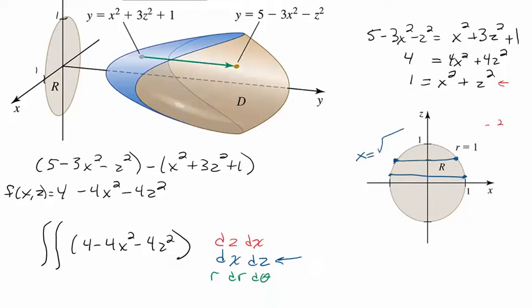If I solve that for x, I get negative square root of 1 minus z squared, positive square root of 1 minus z squared. So we would do that. Pretty similar computation, right? It's going to be very similar, but a little bit messy probably. And then my z's are going to range down here from -1 to +1. Very similar. Okay, so either one of those, if you decide to go that direction, I don't think it makes that big of a difference.